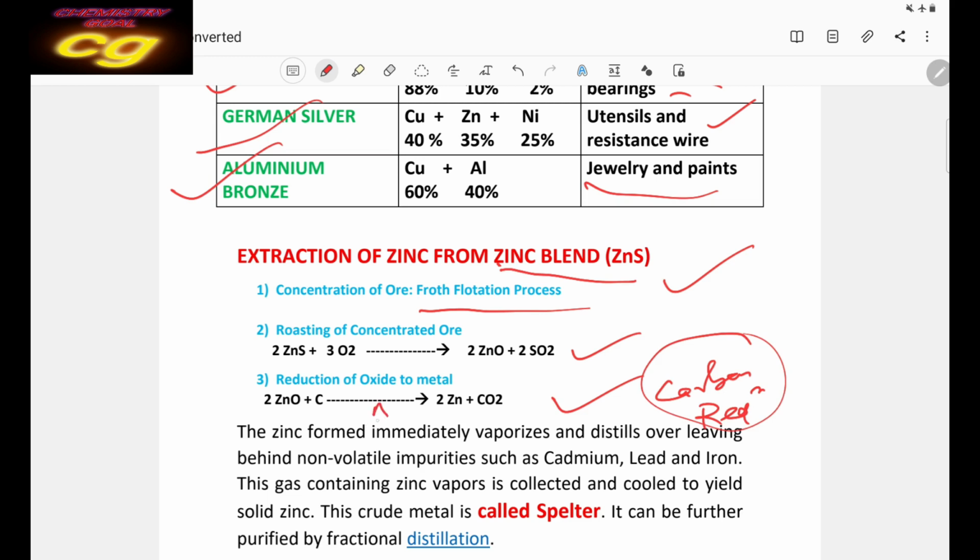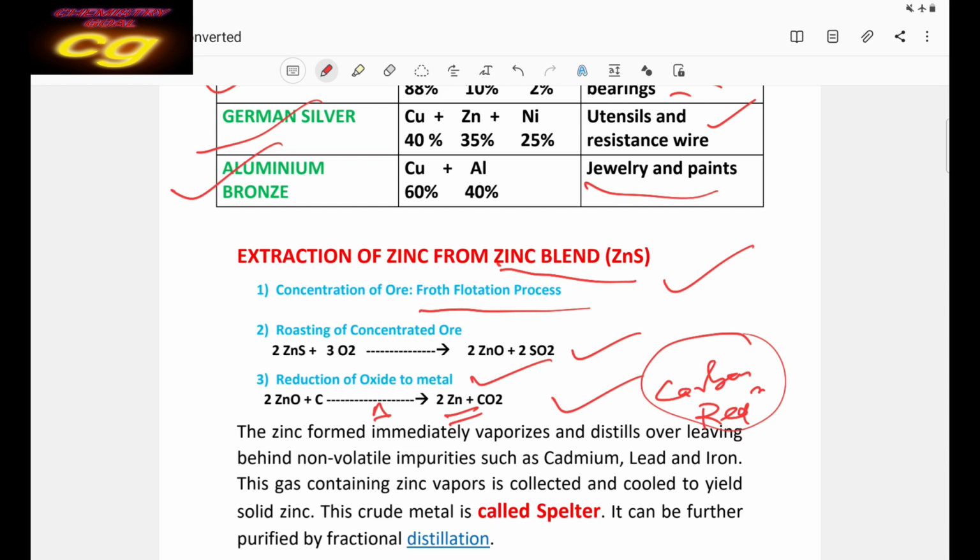Taking the mixture of carbon and zinc oxide and strongly heating, zinc oxide is reduced by carbon to zinc, then zinc is produced. Then zinc will be collected in the form of molten zinc.